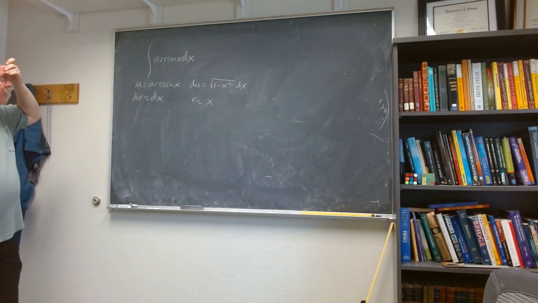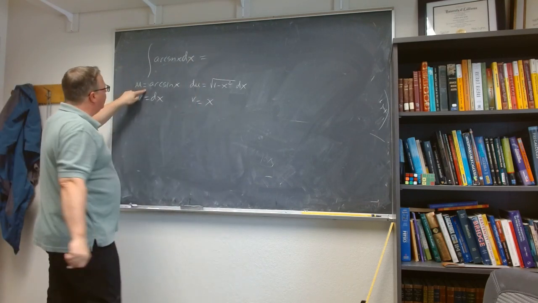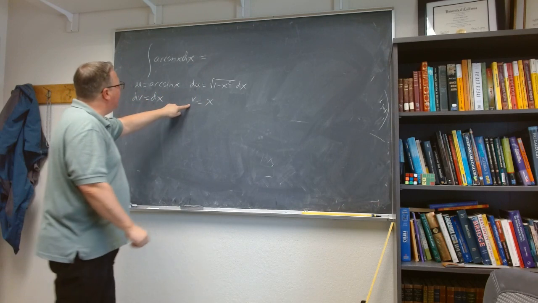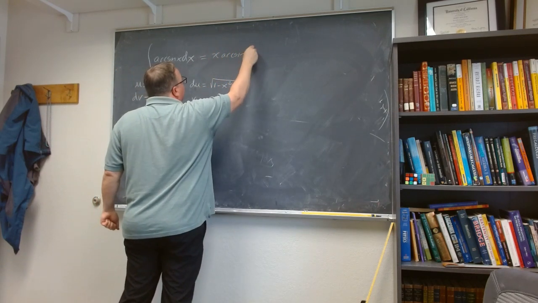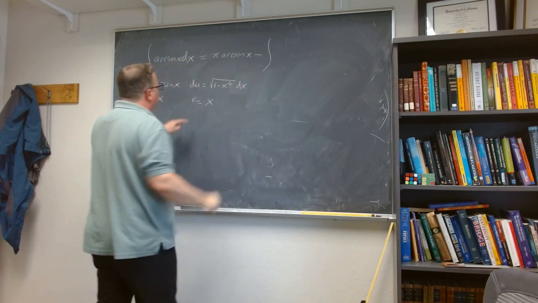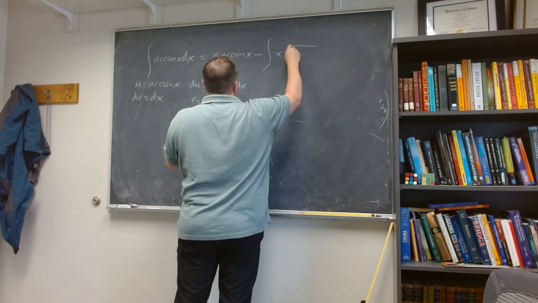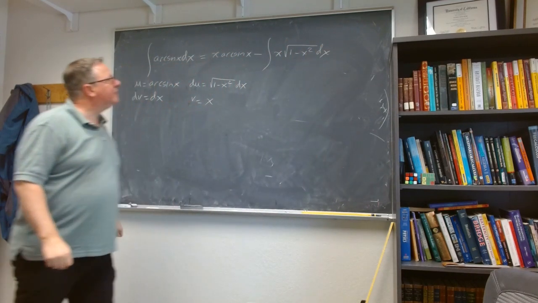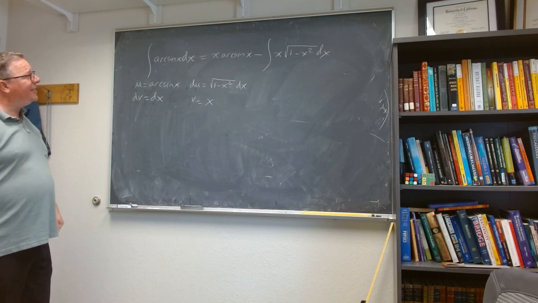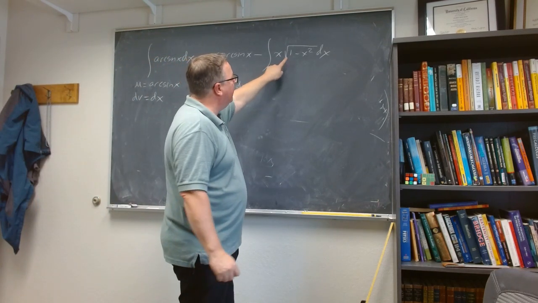And now we're good to go, because we can plug into our integration by parts, and we're going to get u times v, which is x times the arcsine of x, minus the integral of v du, which will be x times 1 over the square root of 1 minus x squared dx. And now this doesn't look half bad, because this we can integrate via u substitution.